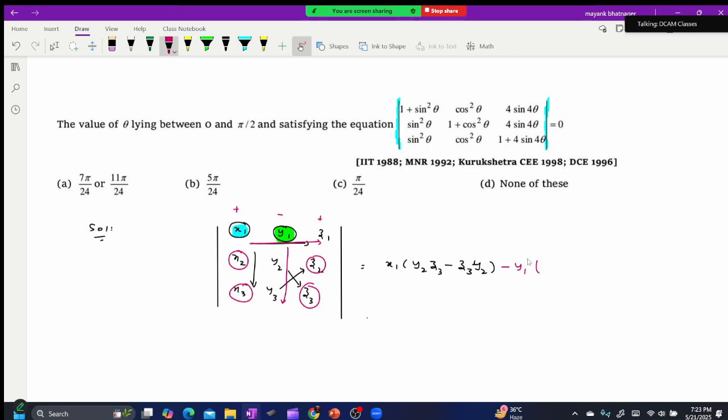But let's not go there, because otherwise I will be teaching you determinants instead of trigonometry. x2 into z3 minus x3 into z2, plus z1. Again, you have to remove its row and column like this. Row removed, column removed. x2 into y3 minus x3 into y2.